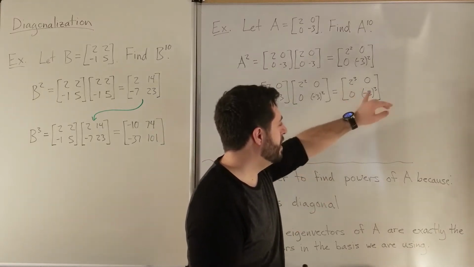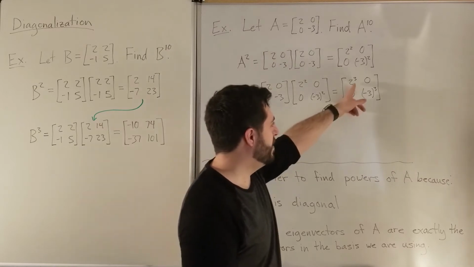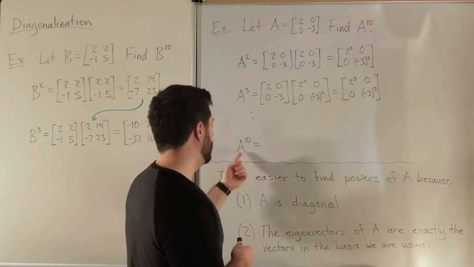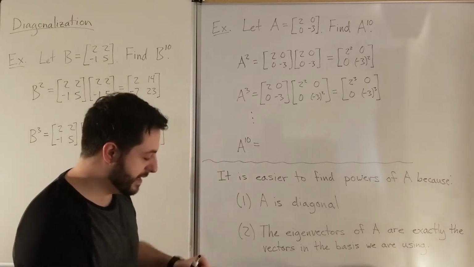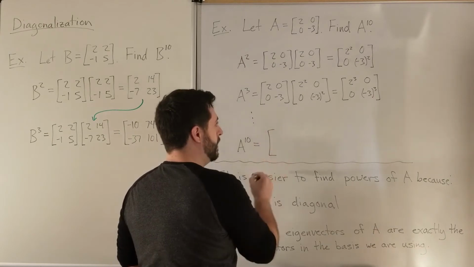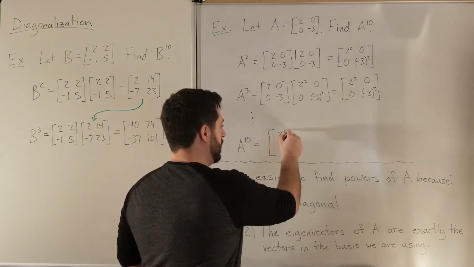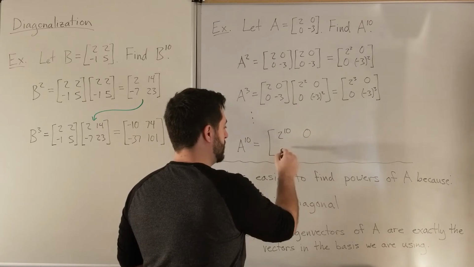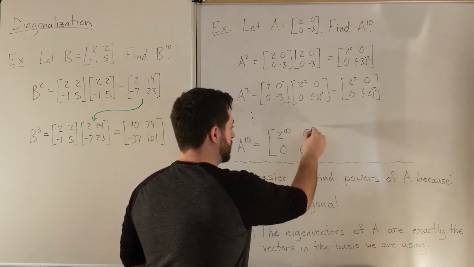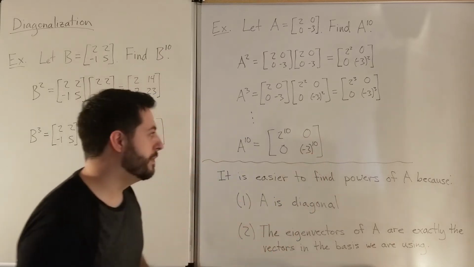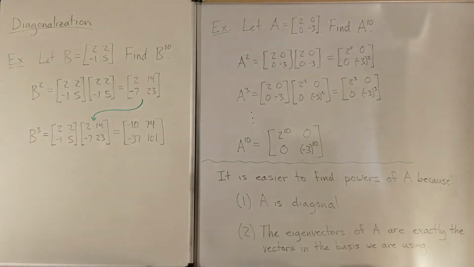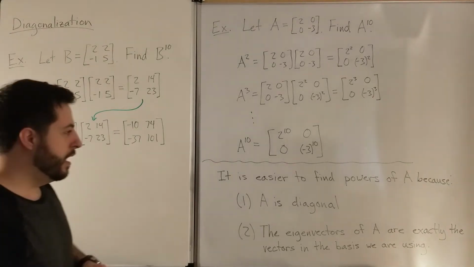But for now, let's just say that the diagonal entries are all getting raised to the corresponding power. This pattern does continue, and what that means is that A to the 10th is just going to be this matrix: 2 to the 10, 0, 0, and negative 3 to the 10, which is the same as positive 3 to the 10. I'm not going to worry about that now, nor about what those actual numbers look like when written in base 10.